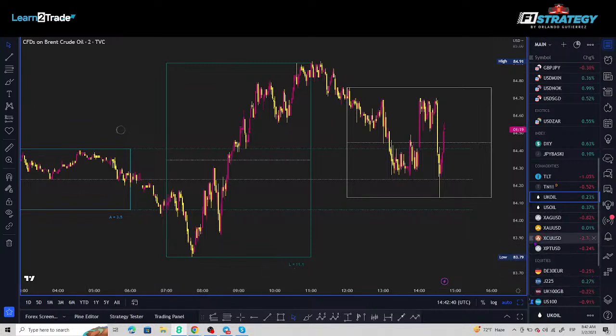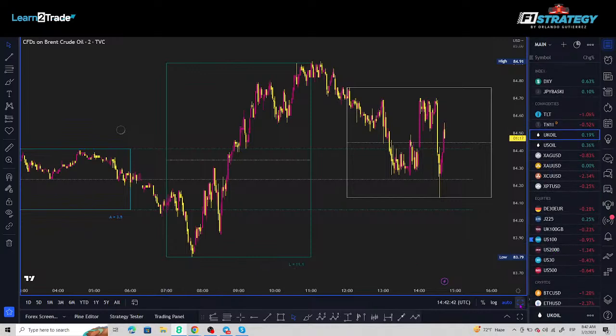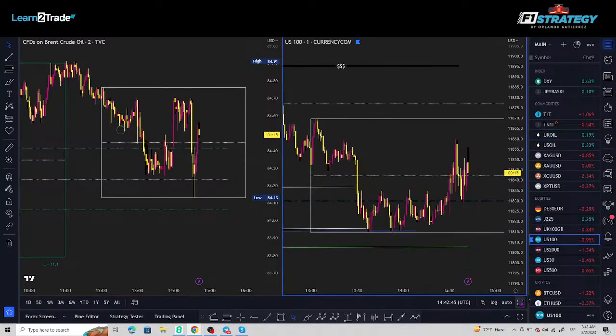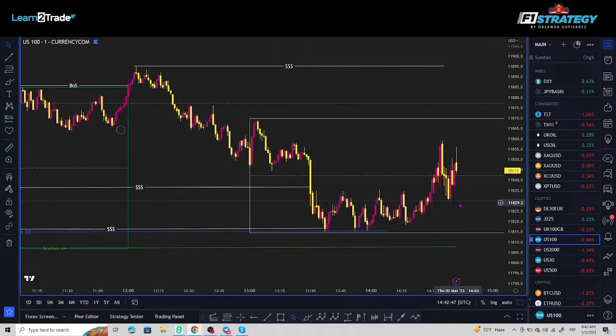All right, so let's have a look at the Nasdaq again. I'm going to move my stop losses to break even on the Nasdaq just to protect my equity, very possibly. This is too choppy.